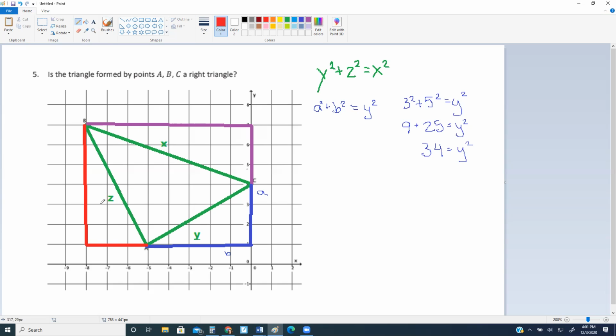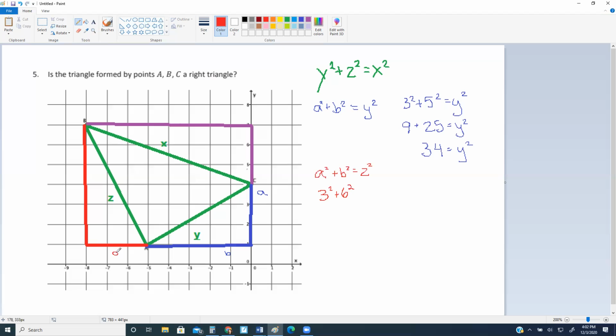Let's do the red triangle. Once again, A squared plus B squared equals now Z squared. What's A? 1, 2, 3. 3 squared. There's a common pattern here, we had 3 squared before. 3 squared plus what's B? 1, 2, 3, 4, 5, 6. Now B could have been 3 and A could have been 6, but I chose to do it this way.